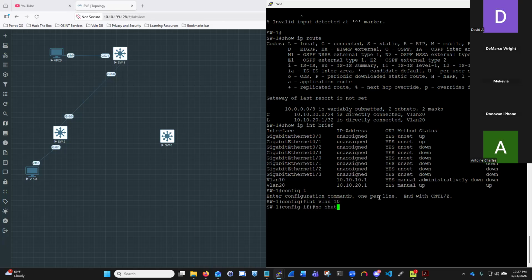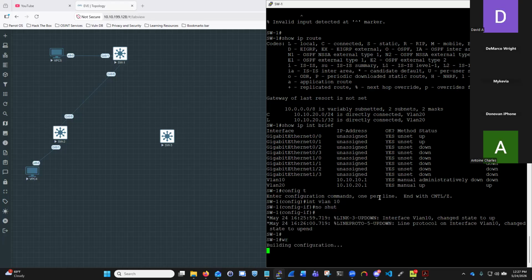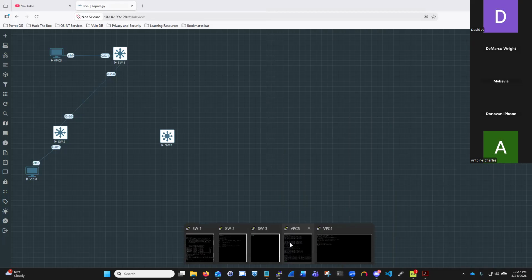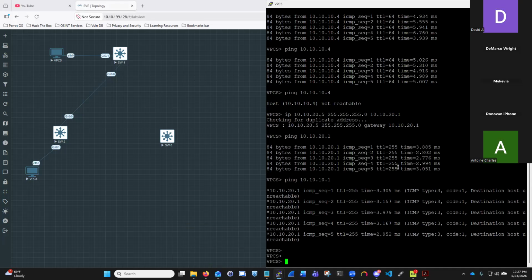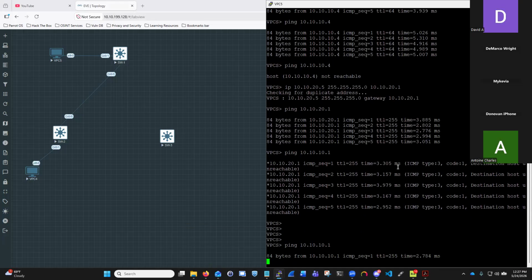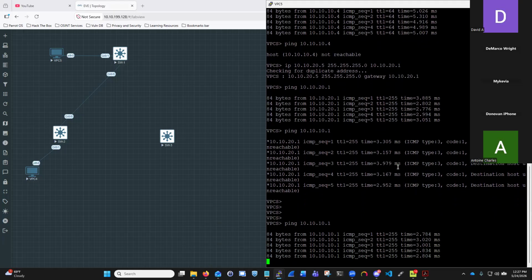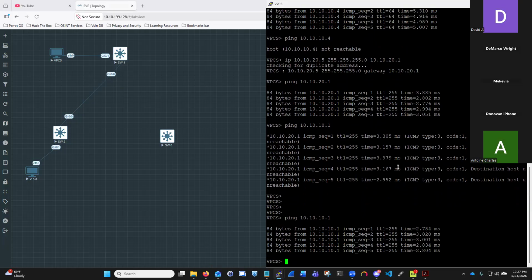Interface VLAN 10, no shut, and we should get a terminal message. There we go. All right. So with that being said, let's see if pings to VLAN 5 or VLAN 10 work now. Okay. So now we get responses. Now we can see routing packets between different VLANs.